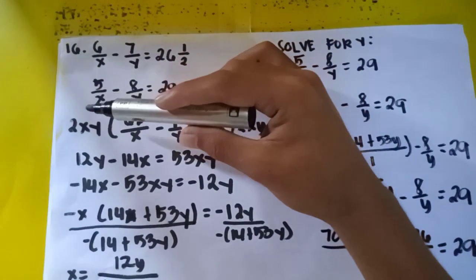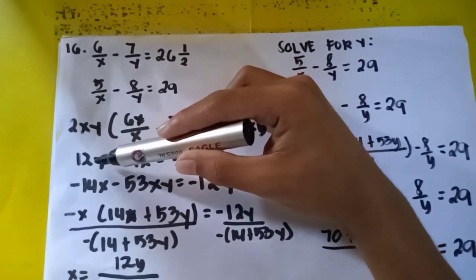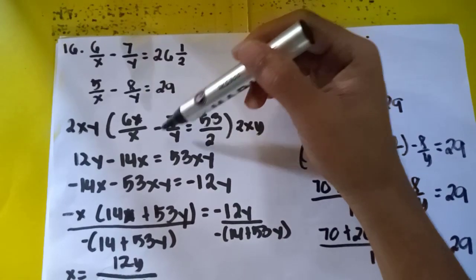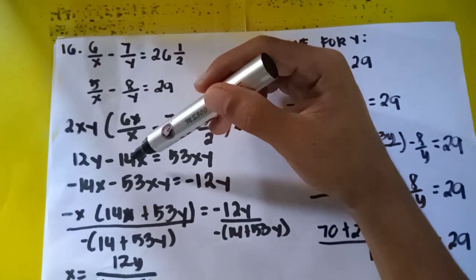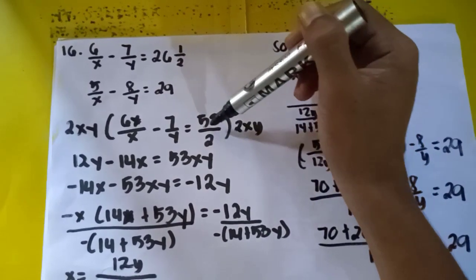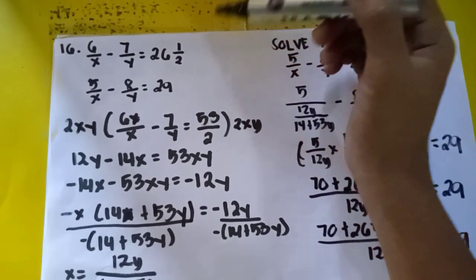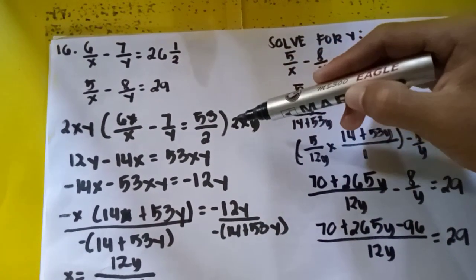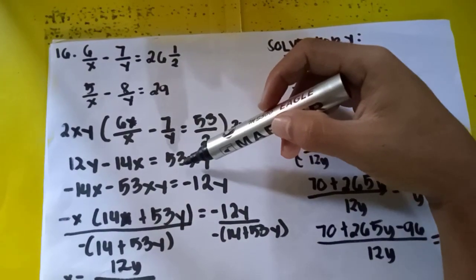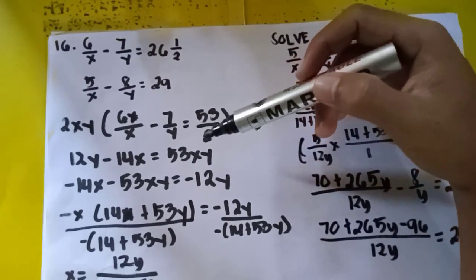6 over x cancelled the x, so the answer is 12y. Negative 7 over y cancelled y, negative 14x equals, then 53 over 2 came from 26 and 1/2. And then cancel 2, so 53xy is the answer.